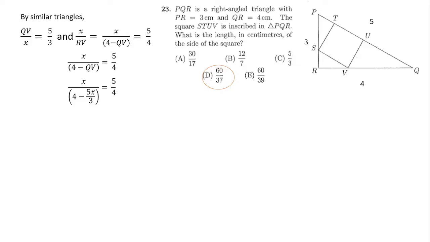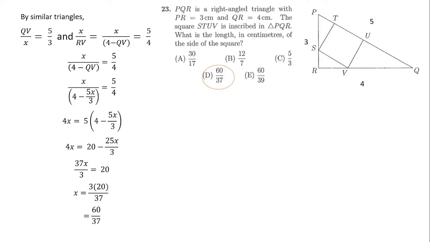Now we can substitute in QV equals 5x on 3. And we cross multiply and expand the 5, then we keep multiplying both sides by 3, and then keep solving, and we get 60 on 37 is our answer, D.